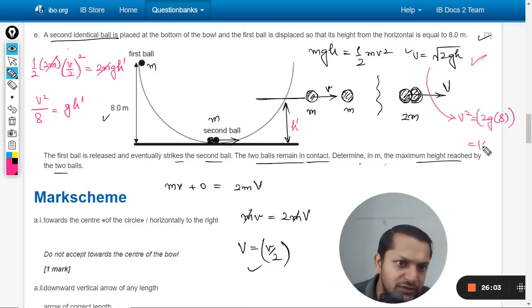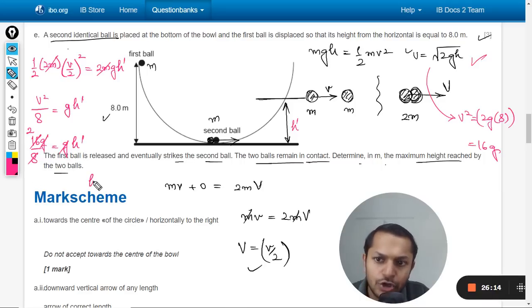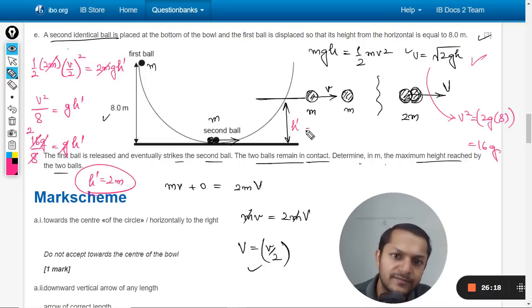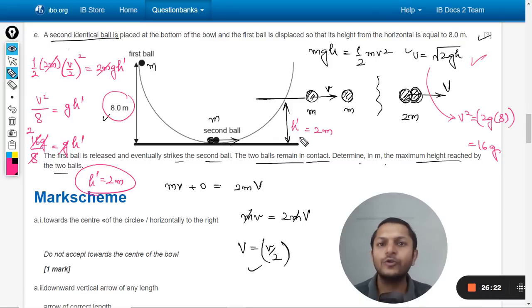So 16g divided by 8 is equal to g into h dash. g and g are getting cancelled out. This will become 2. So clearly h dash is coming out to be 2 meters. Earlier it was 8 meters, and now the height attained will be 2 meters.